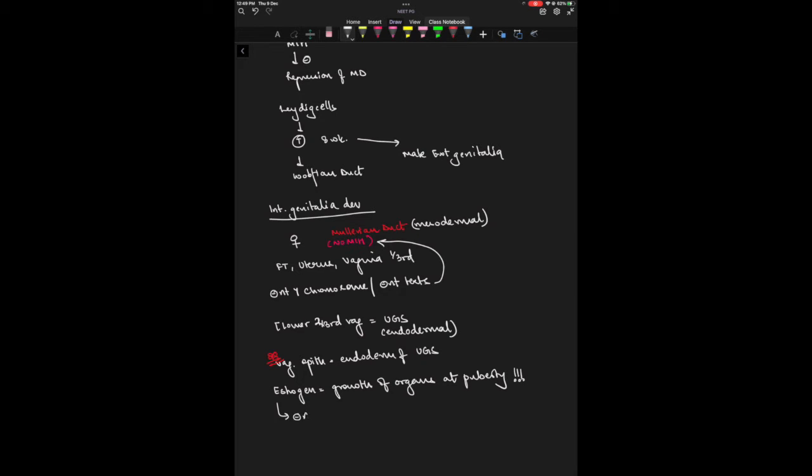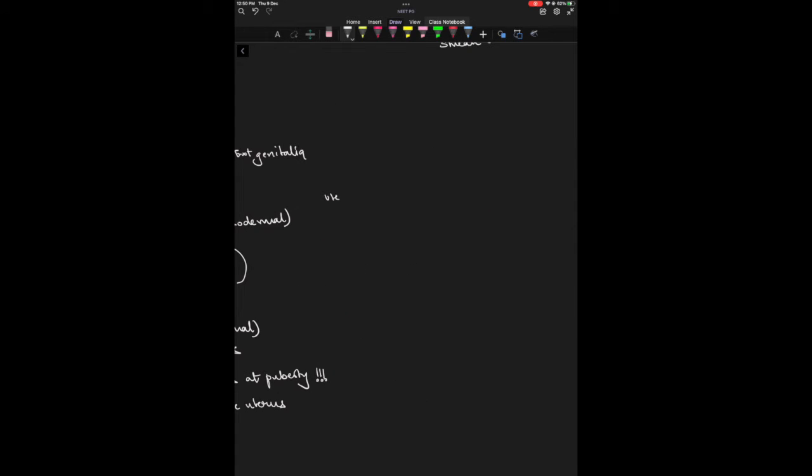Remember, if there is absence of estrogen, it leads to infantile or hypoplastic uterus, like we saw in Turner's. Like, right, there were streak gonads or streak ovaries. Why was that happening? That was because of the absence of estrogen. Now, here, let us discuss the uterine malformations.